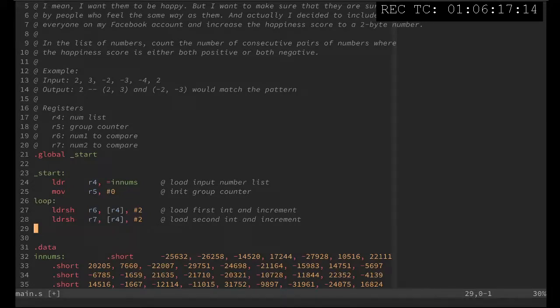But if we have one positive number and one negative number, then we get a 1, because one of the most significant bits will be 1 and the other one will be 0. And so what we can do is use the instruction TEQ to exclusive OR these two numbers, and put the result into the CPSR.